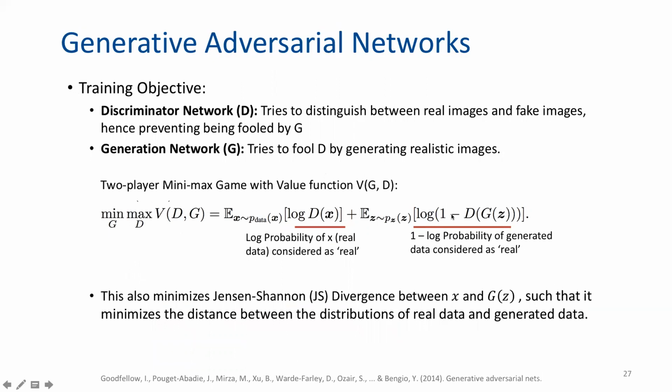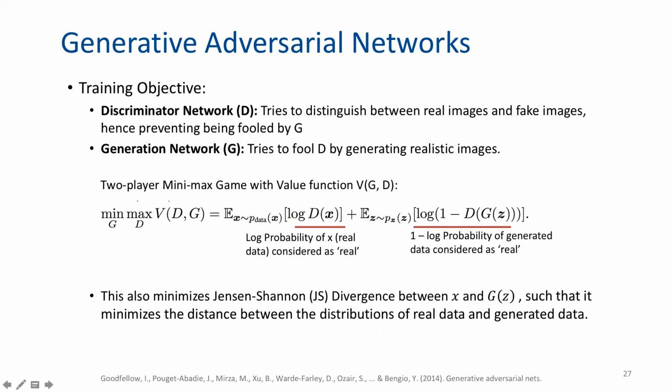So this two-player min-max game, in practice, is going to be implemented by alternately optimizing the discriminator and then the generator. And again, we've said this a couple of times, it has two terms.